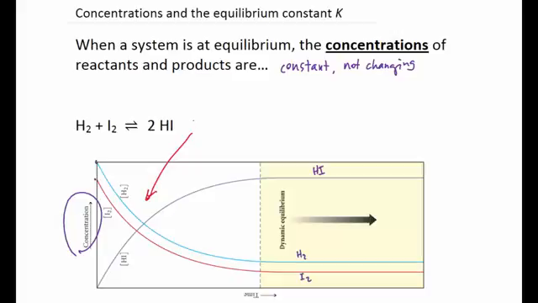This is the kinetic control. Meaning if we heat it up or cool it down, we'll change the slopes of these. We'll make the reaction go faster or slower. But ultimately, it's going to end up over here. This is equilibrium.